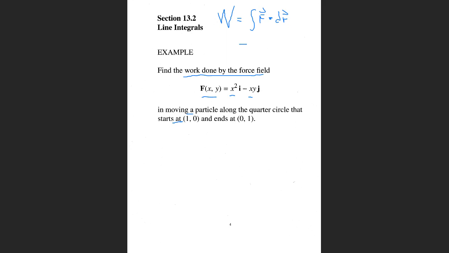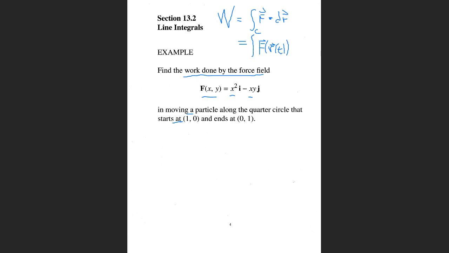That is over a curve C, and it can be expressed as follows. What's the vector field a function of? The vector field changes depending on the position you're at in the field, and the position of the particle is a function of t.